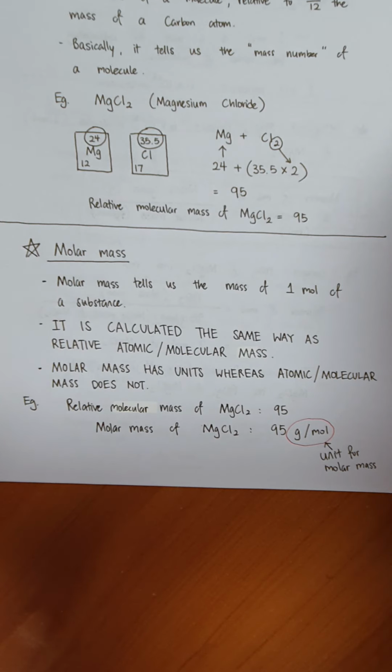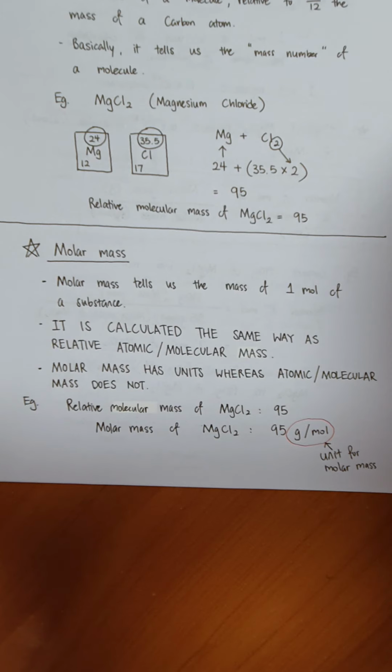So the molar mass of magnesium will be 24 grams per mole. That's what molar mass is all about. It tells us the mass of 1 mole of a substance. And 1 mole is what we are going to use as a reference. It's like 1 kg, like 1000 units. So 24 grams of magnesium is 1 mole.